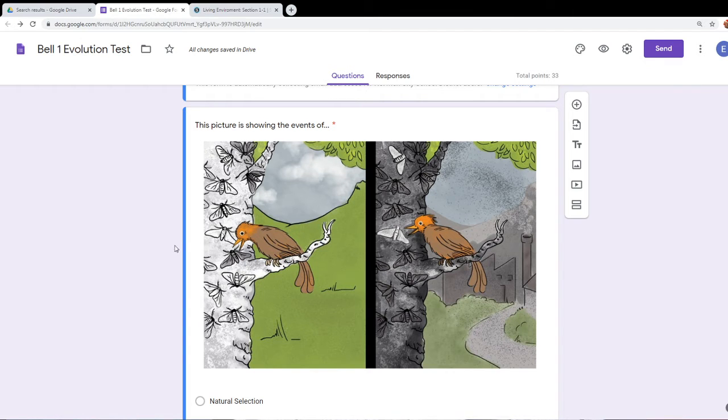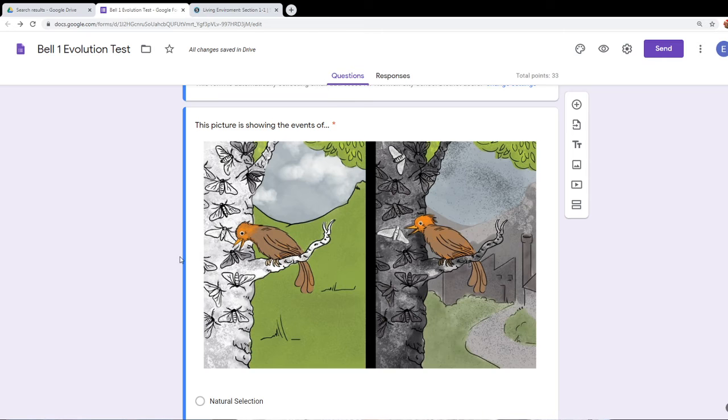So, they aren't really numbered, so I'm just going to go in order from top to bottom. So, first of all, this picture is showing the events of... And here we see a white tree with moths and a bird eating a dark moth. And here later on we see that now that tree is dark and the bird's eating light moths.